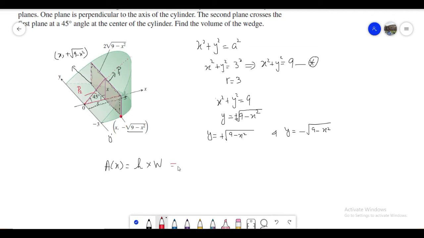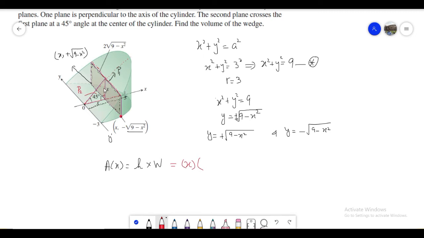So the height would be x, and the width, basically this is the width.